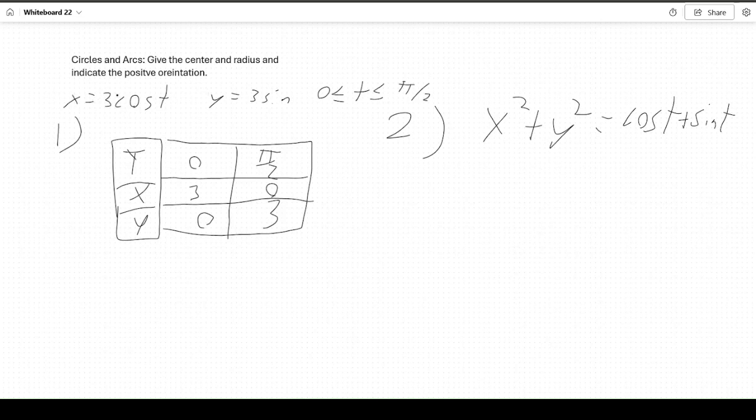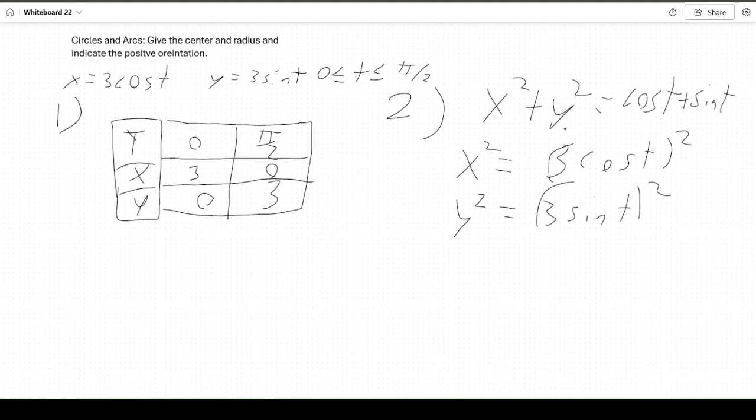And we can just put that in here. So x squared will be equal to x, so x equal to 3 cosine t, but it has to be squared. And then we got y squared, and y equals 3 sine t, but we gotta square it too because it's y squared.